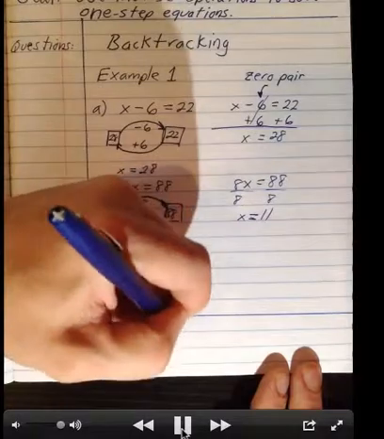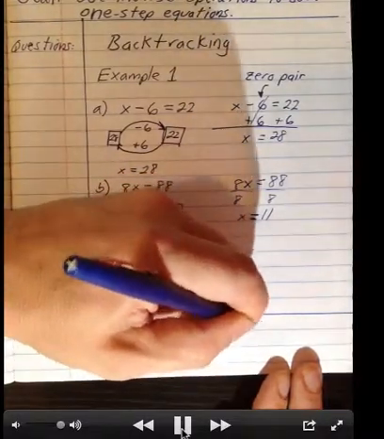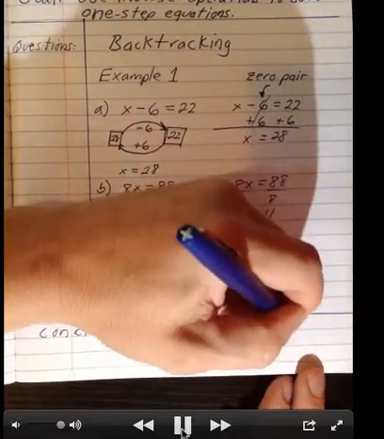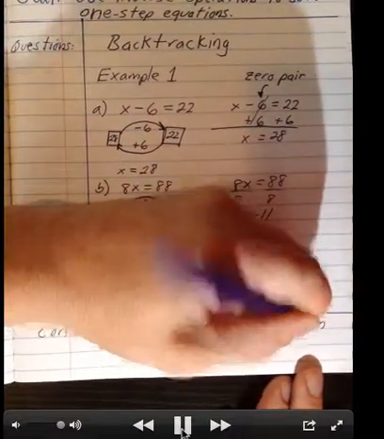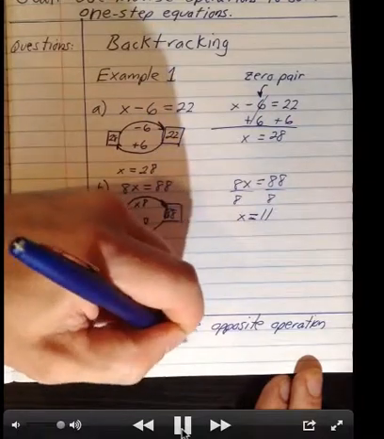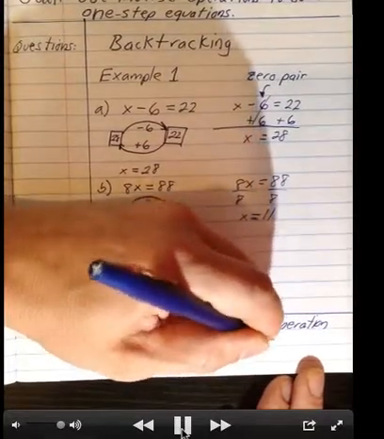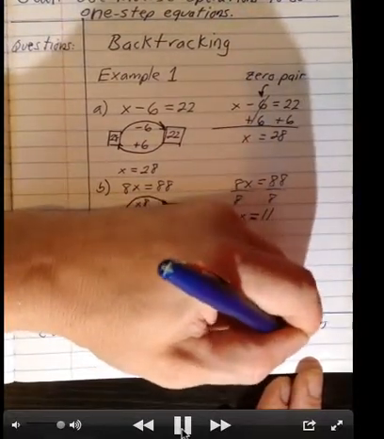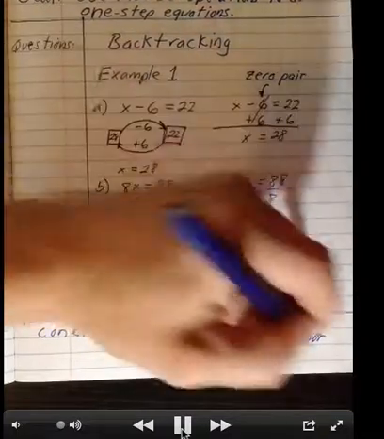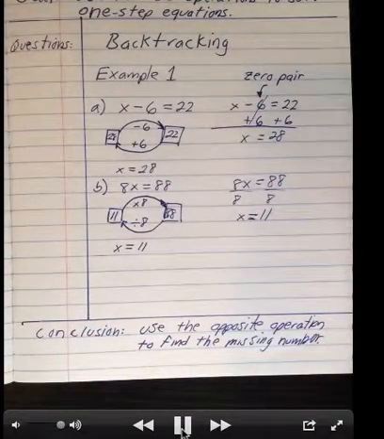So the conclusion is to solve one-step equations, use the inverse operation or use the opposite operation to find the missing number.